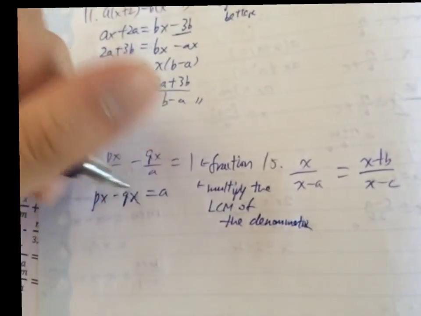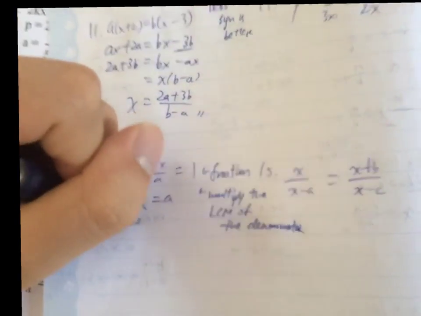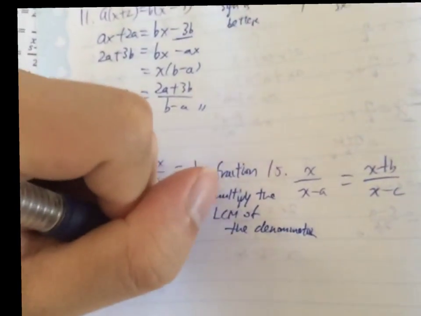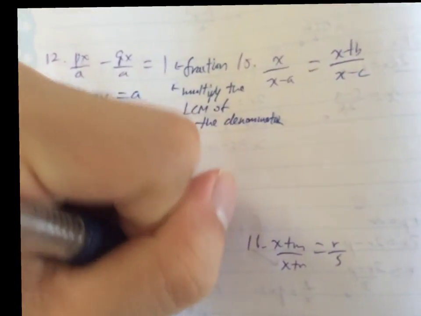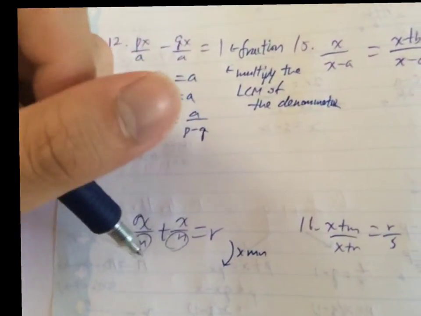You want to make x the subject, so you need to factorize other stuff, and you move this term to the denominator. This also, you need to multiply the LCM of the denominators, which is mn.